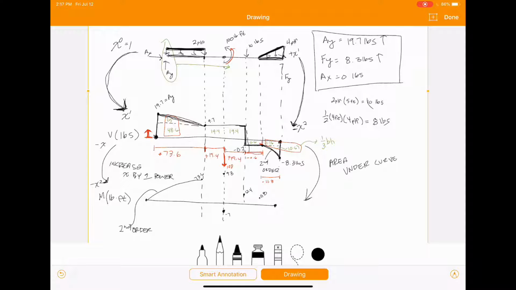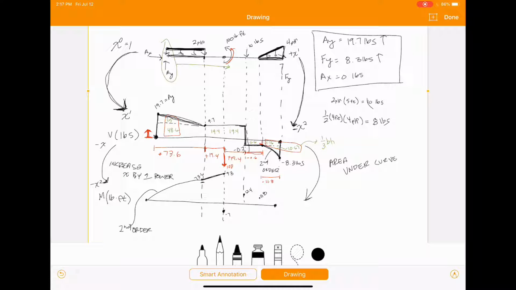So from here to here, it looks like we've got just a constant line. It's on the positive side, so that's like having just 1, so increase the power of x by 1. We're just going to end up with x. So positive x, so just a straight line between those 2 points.